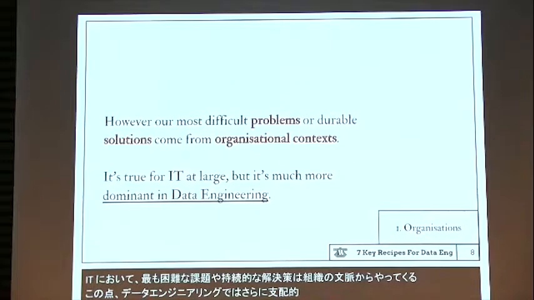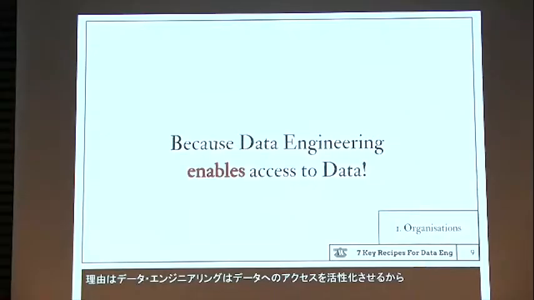This is a constant in the IT industry, but it's even more dominant in data engineering, because data engineering is about enabling access to data for the whole organization. In data engineering, we are building key infrastructure for the whole organization, and this is where the friction comes from.